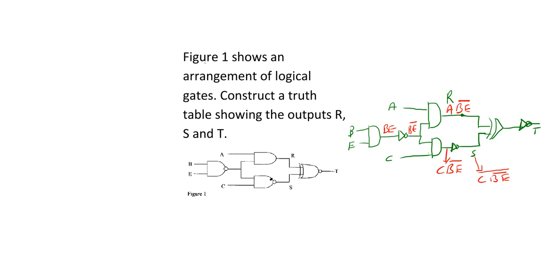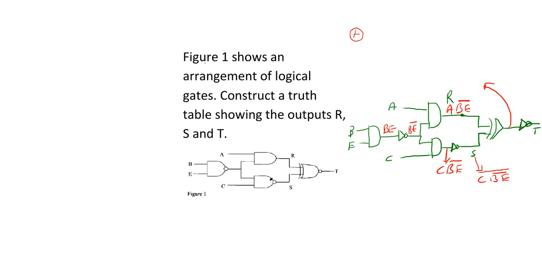Then after that, we have this output. This is R and S. R and S, we are going to pass them through an XOR gate. And remember the sign for an XOR gate, we have a plus sign, then we circle the plus sign. So at this point, we shall get this expression.